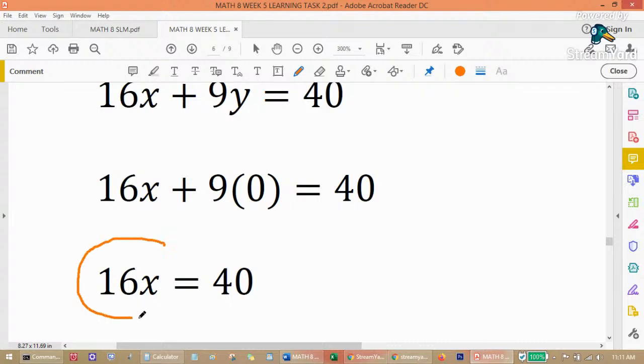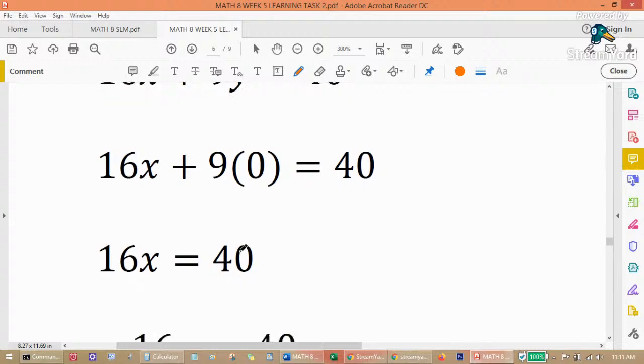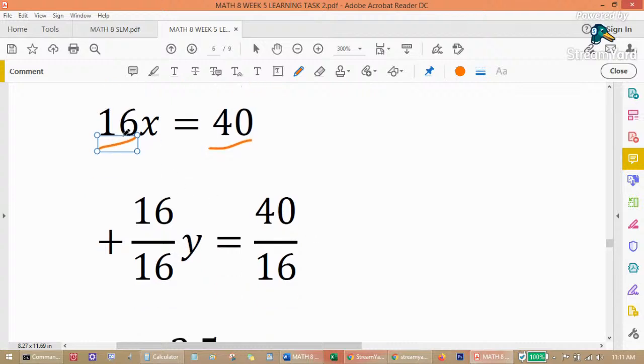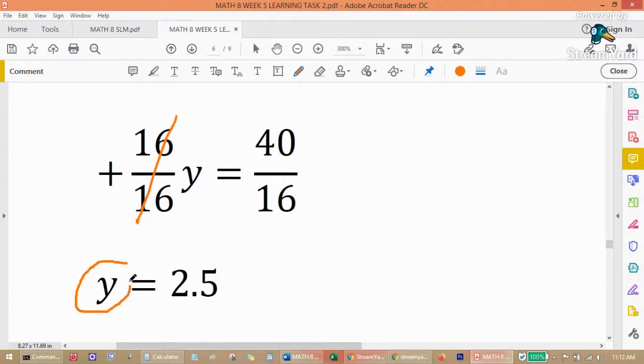So may iwan is 16x is equal to 40. Then, di-divide lang natin to ng 16. Okay? 16 divided by 16 is cancel. 40 divided by 16 is 2.5.